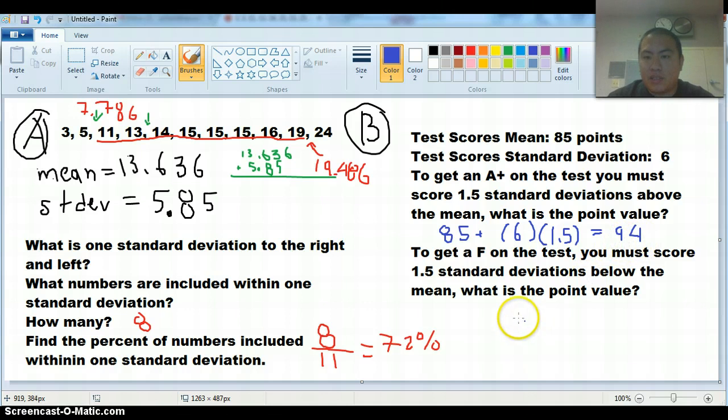To get an F on the test, you go the other way: 85 minus 6 times 1.5. That's 85 minus 9, which is 76. So if you score 76 on this test, you have an F, like with college tests.